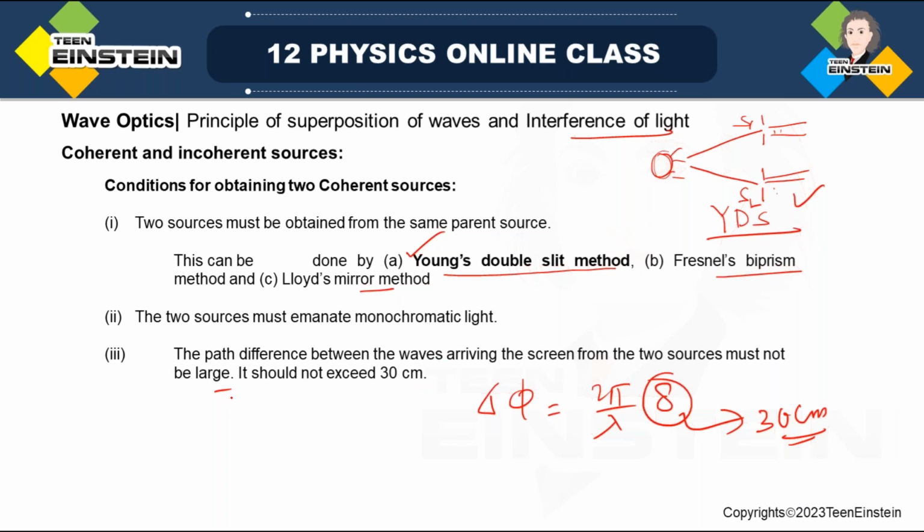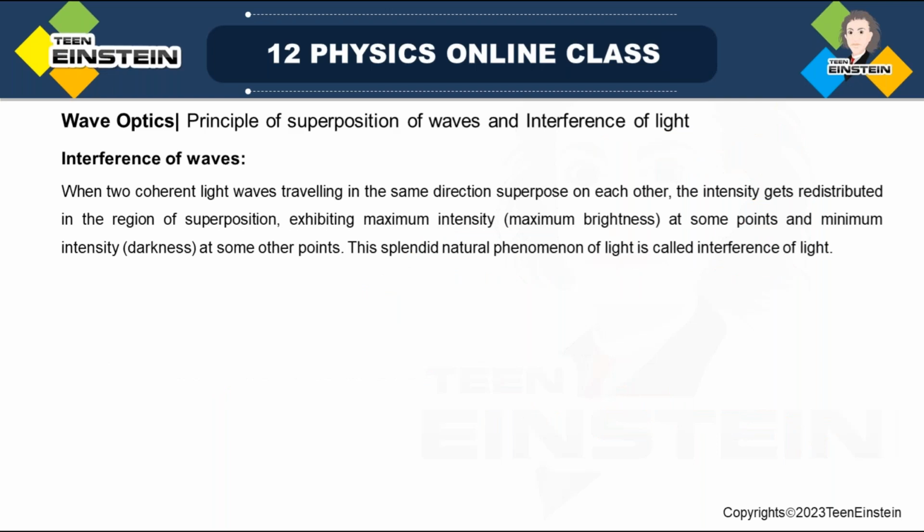Now let us discuss what is called interference of light. Interference of light is a very remarkable and very beautiful phenomenon. Because of interference, we see multiple colors.